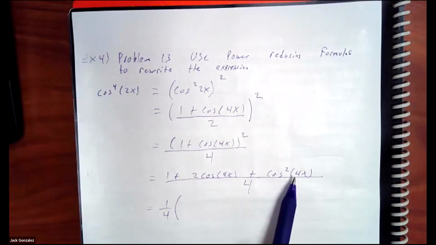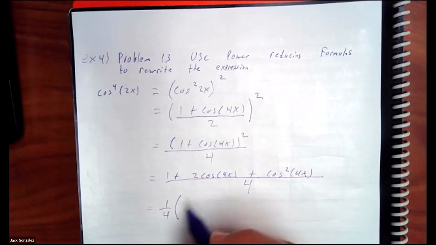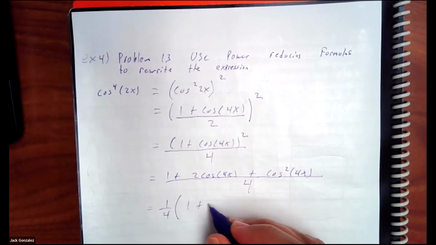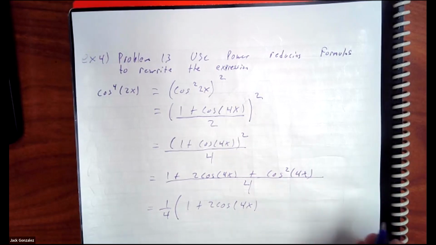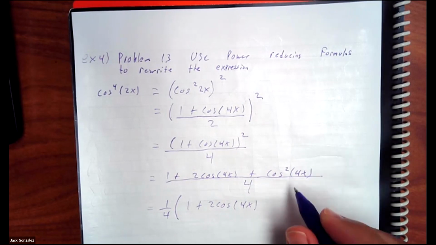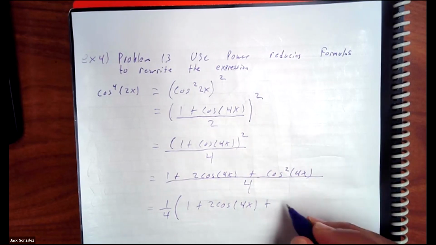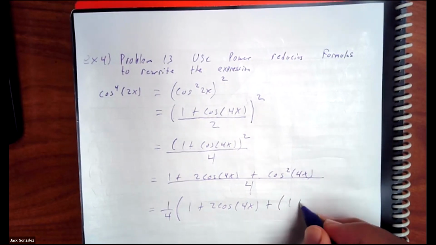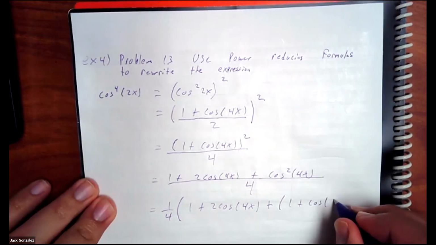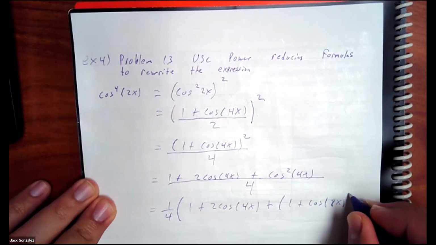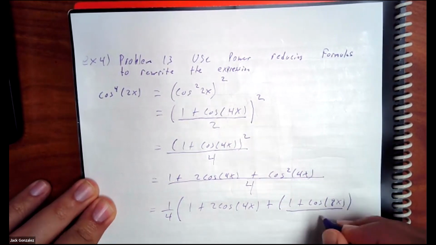So do the power reducing again on this guy. So 1 plus 2 cosine 4x plus 1 plus cosine of 8x all over 2.